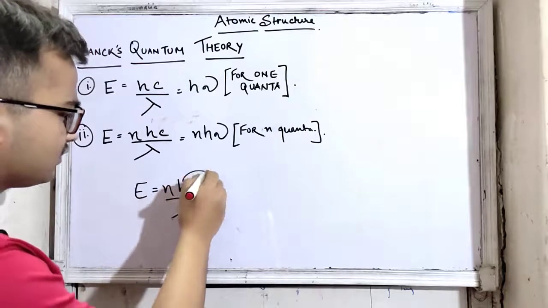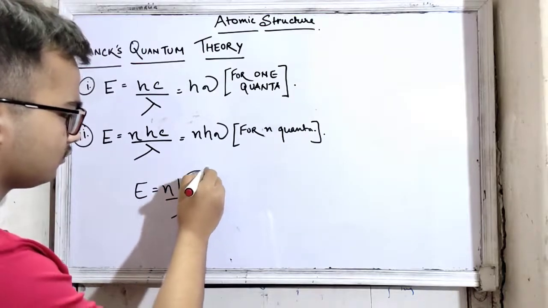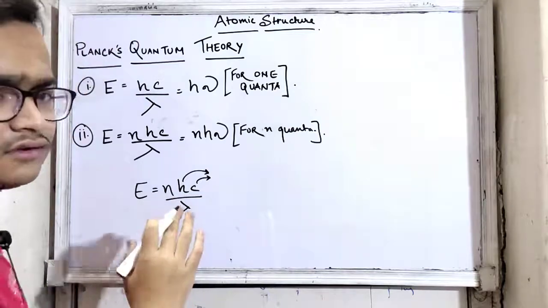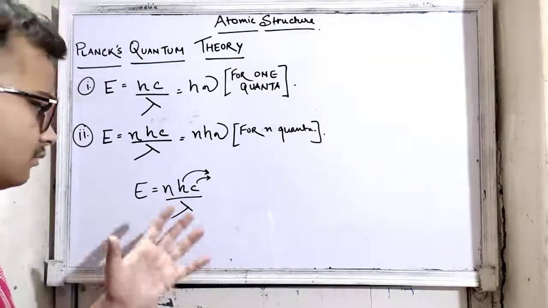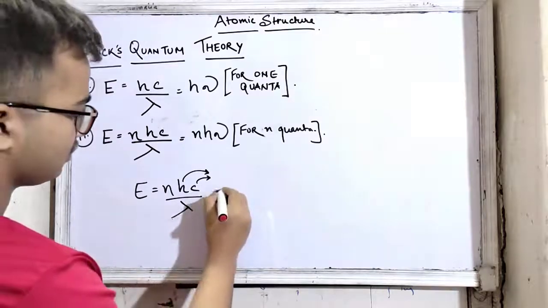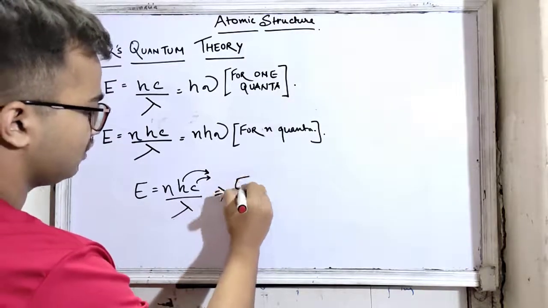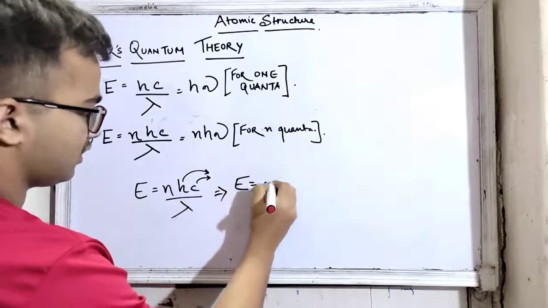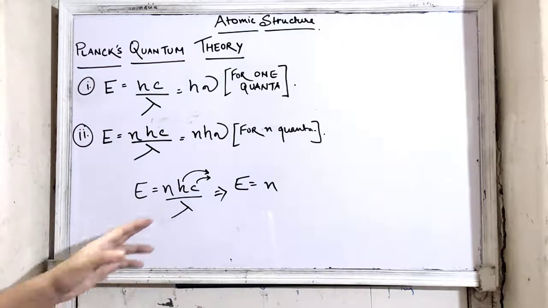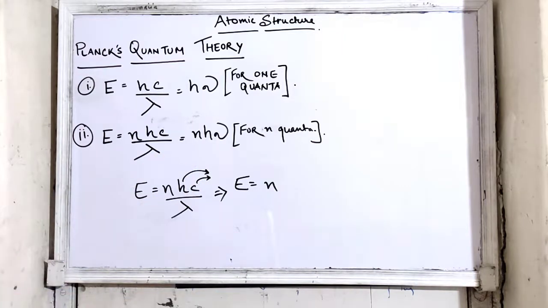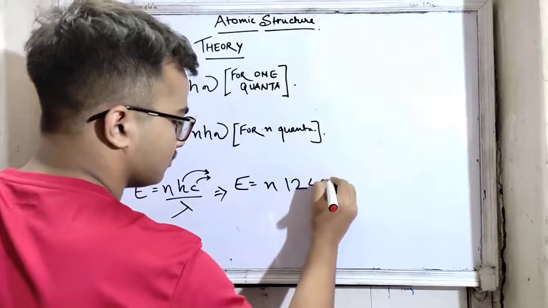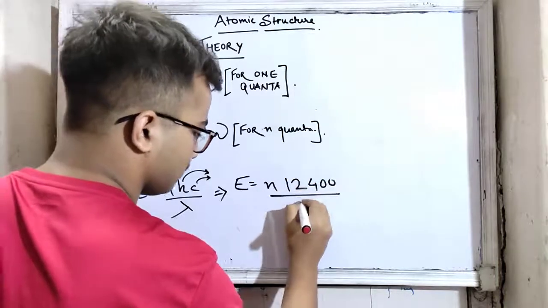Now since both of these are constant, after calculation the product of these two, the Planck's constant and the speed of light, the formula becomes E equal to n, and now I will write the product of these two values h and c. It is coming equal to 12400 by lambda.